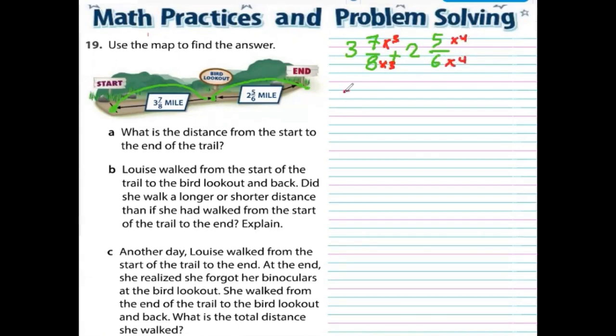Now the new fraction is going to be 3, and 3 times 7 is 21 over 24. Okay, plus 2, and 5 times 4 is 20 over 24. Okay, now we add the fractions first. So it's going to be 20 plus 21 is 41 over 24. 2 plus 3 is 5.